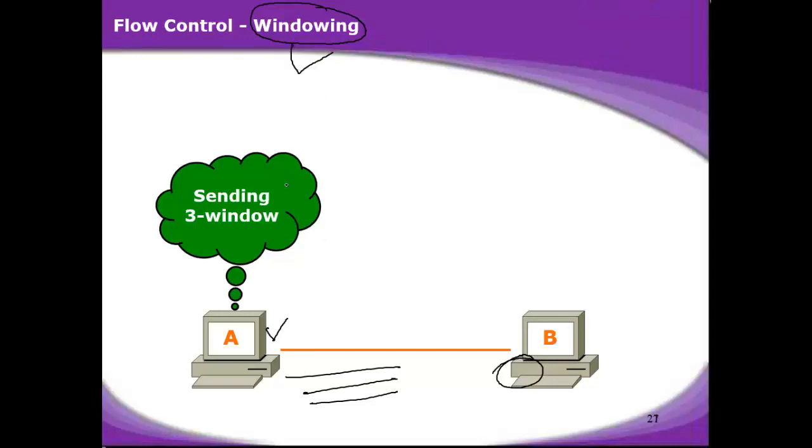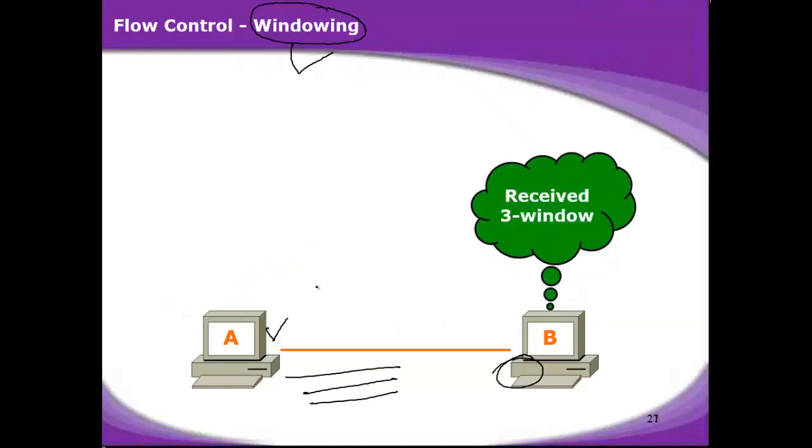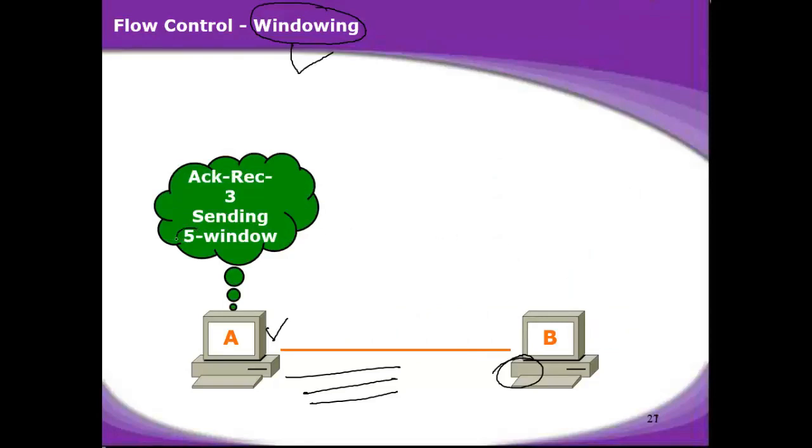So windowing is that sender and receiver both negotiate before any transmission takes place how much data they can process. So for example, the sender sends a window size of 3. A window of 3 means in one window 3 segments are there. Then these 3 segments are sent out to the destination and all 3 are received. That means a receiver can easily receive 3 segments. Now it is sending a window of 5, meaning 5 segments at a time.